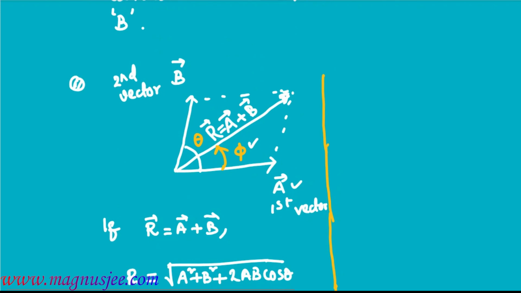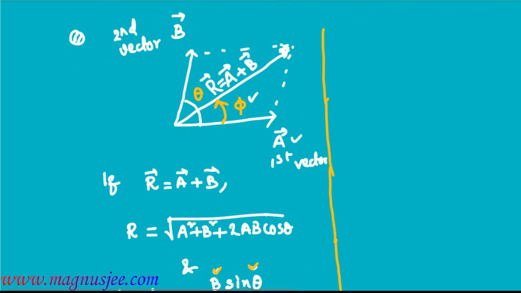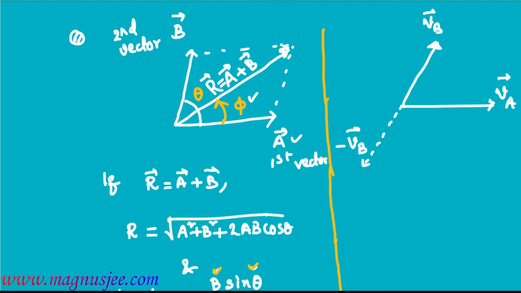Now we can compare this with the subtraction of two velocities, vector VA and vector VB. In the diagram, vector VA acts, meaning body A is moving with velocity VA, and vector VB acts along OQ, in this direction, and we can draw minus vector VB.